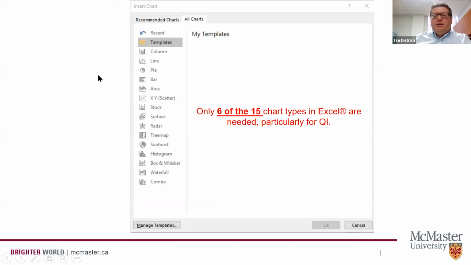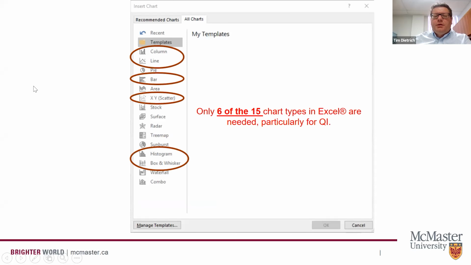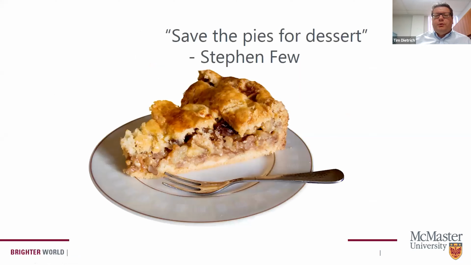And in Microsoft Excel, there's a whole bunch of choices for you to pick from, but really only 6 of them are needed, particularly for quality improvement, to display those types of comparisons that Stephen Few describes. So there's a lot of what probably would be called junk charts in the literature that some of your simple analysis tools can use. They might look nice and fancy, but the information transfer is going to be poor.